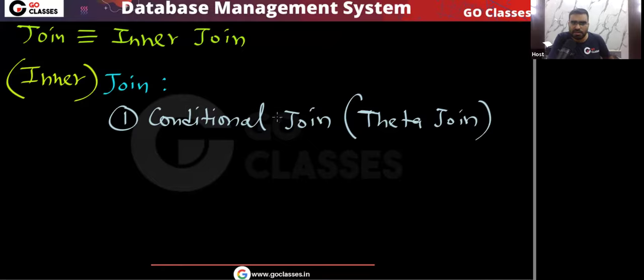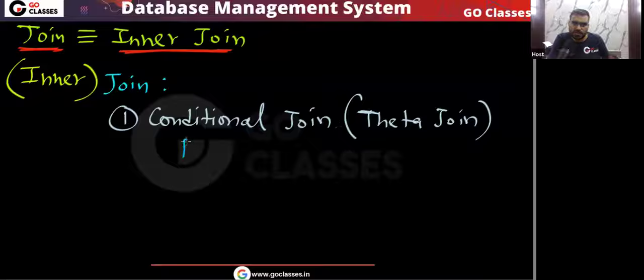Remember, inner is hidden, so you can call it theta inner join or conditional inner join, because by default, join means inner join. Conditional join simply means conditional inner join, and theta join means theta inner join. So this is your conditional join. And what is the symbol for this?